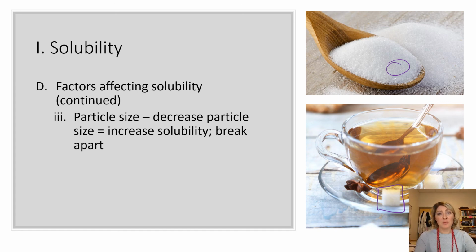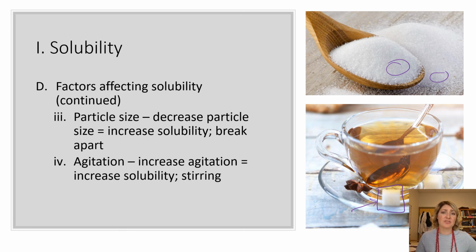If you were to dissolve both of these in, say, tea at the same temperature, you're going to see this cube is either going to take longer, it's not going to dissolve completely compared to the sugar that's all by itself. That has a smaller particle size, which is going to increase the solubility. It's going to have an easier time dissolving.